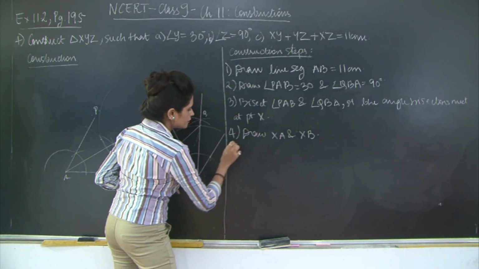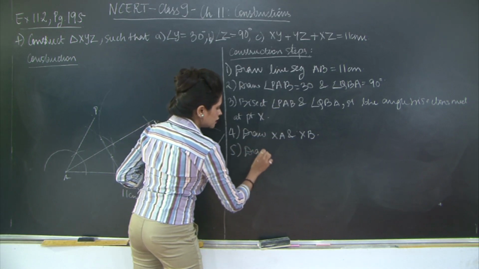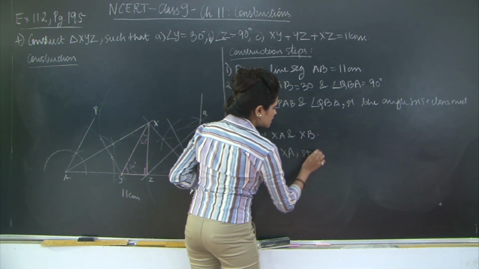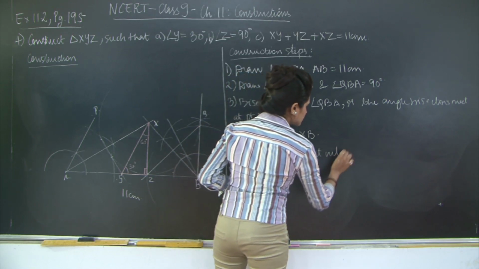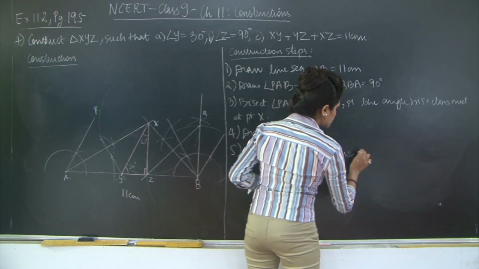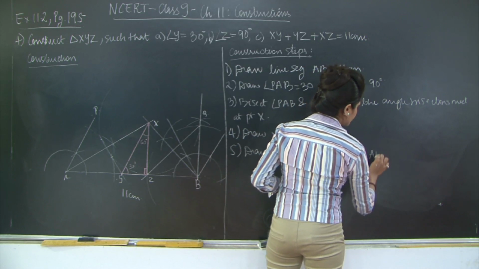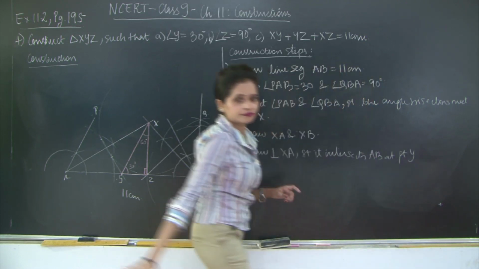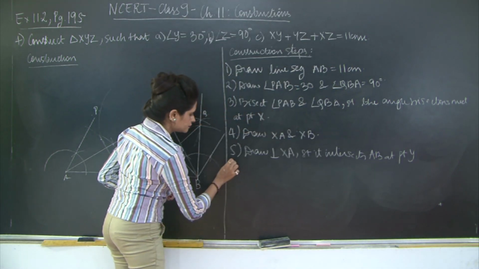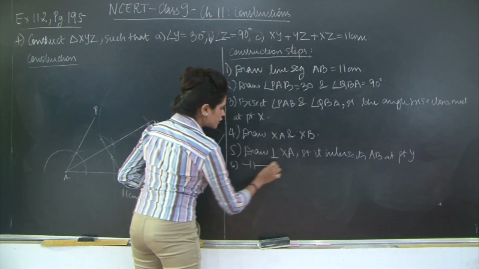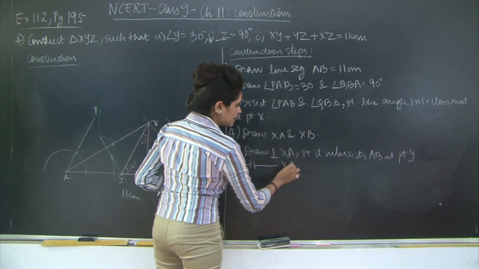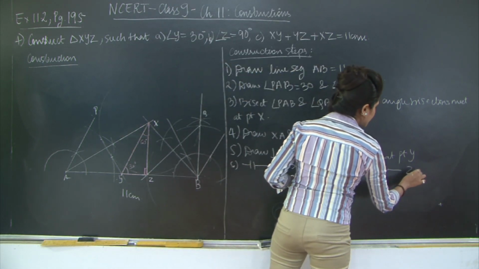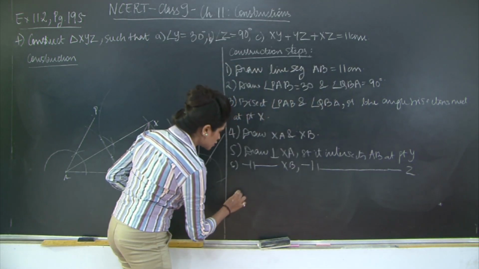Fifth step, draw the perpendicular bisector of XA such that it intersects AB at point Y. Similarly, draw the perpendicular bisector of XB such that it intersects AB at point Z. Therefore, what do you get?